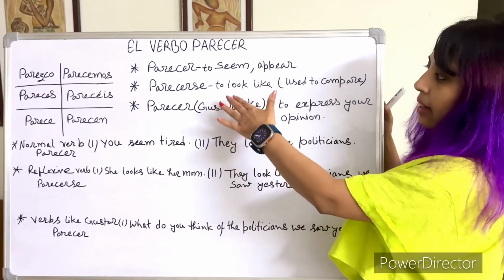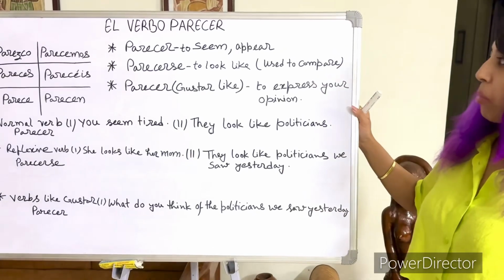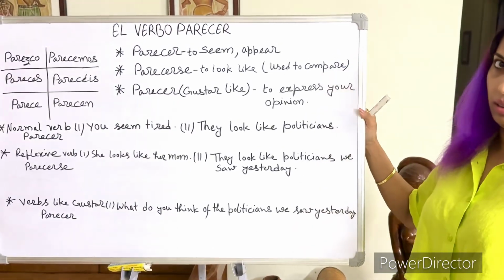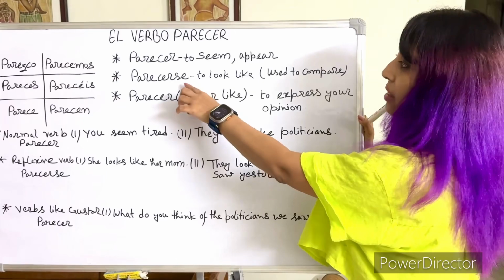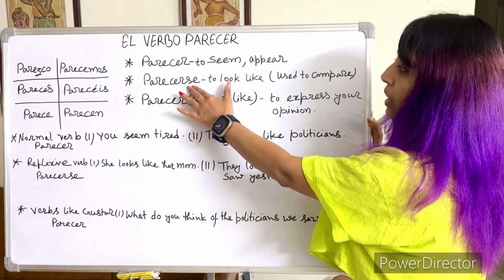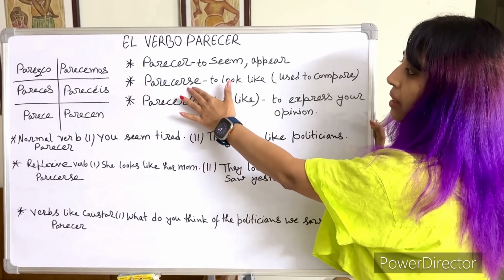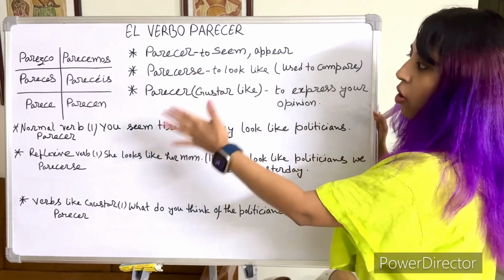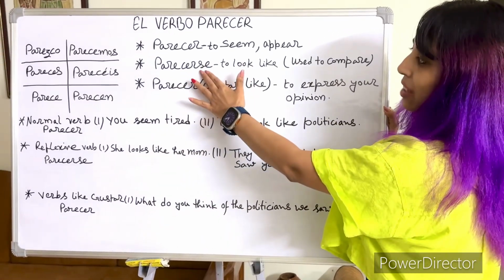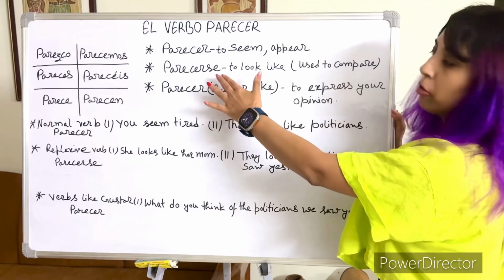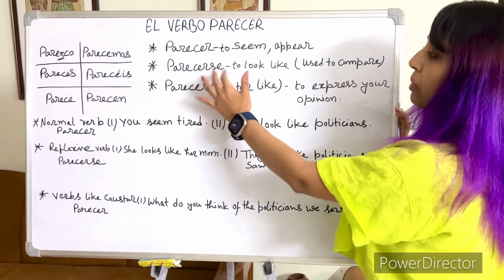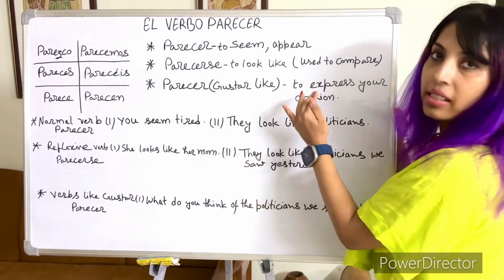Second, we have read about reflexive verbs. You all know how we identify reflexive verbs. They have this "se" at the end, attached to the infinitive form of the verb. So in this case it is parecerse.